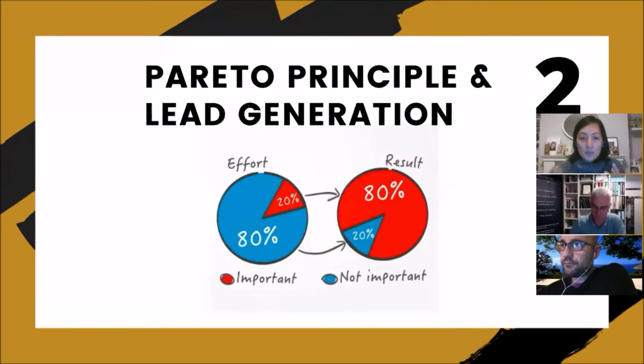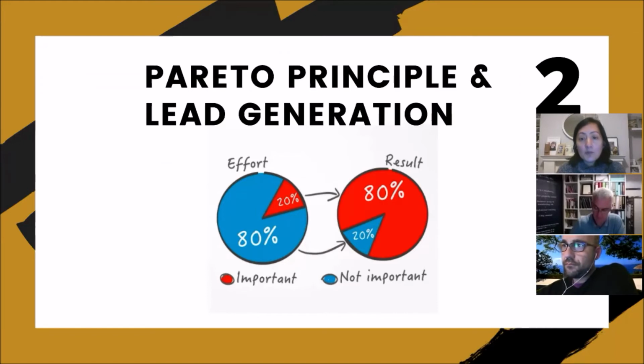So as we can see here from this lovely graph, there's 80%, the blue shade, which is not important. So lots of admin tasks, lots of data scraping, data entry. These are things that are annoyingly and irritatingly taking so much of our time, but they do achieve only 20%.